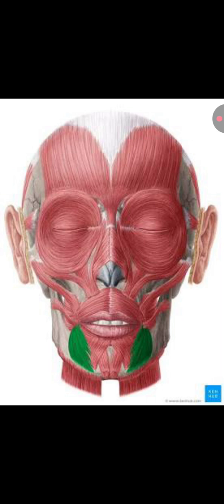The definition is a muscle of facial expression that arises from the mandible to insert into the anguli oris, which is just a fancy way of saying angle of the mouth. So let me say that again in English. The depressor anguli oris is a muscle of facial expression that arises from the mandible to insert into the angle of the mouth.